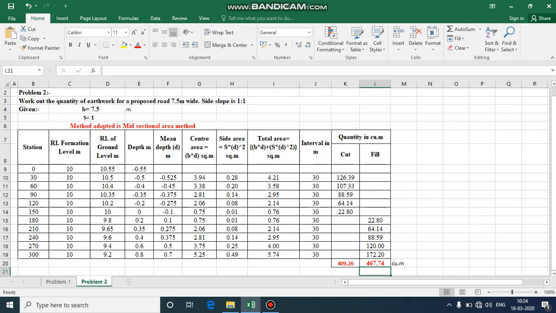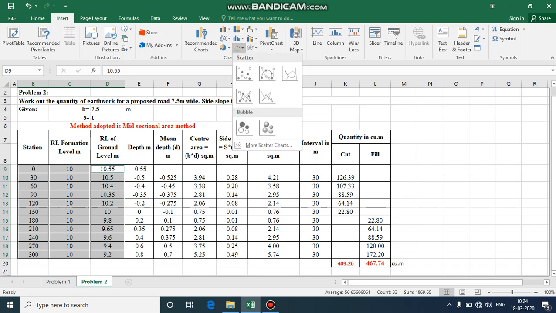For which you have to plot a graph between station, formation level, and ground level. I have selected these three columns. You go to insert, you select scatter.